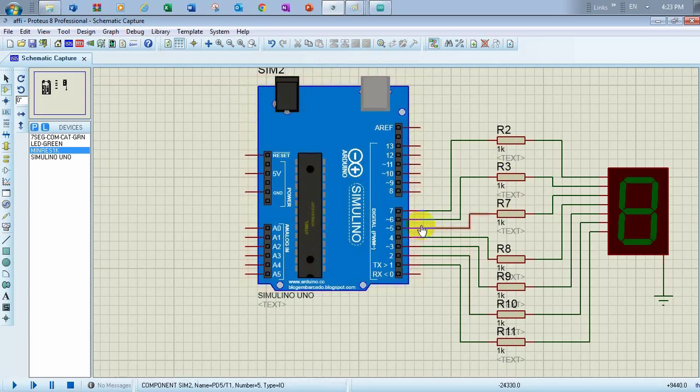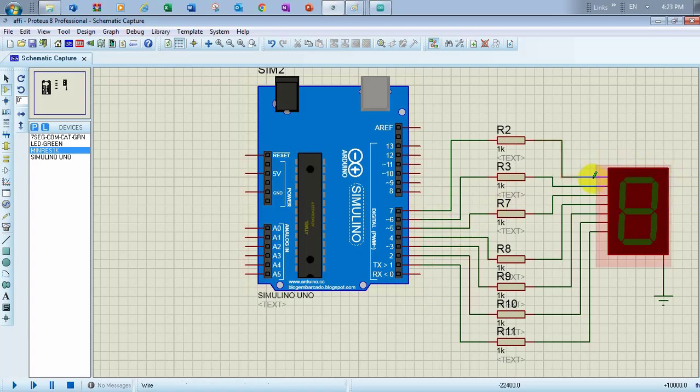What is your answer, output or input? So these pins link with the 7-segment display pins. For what?